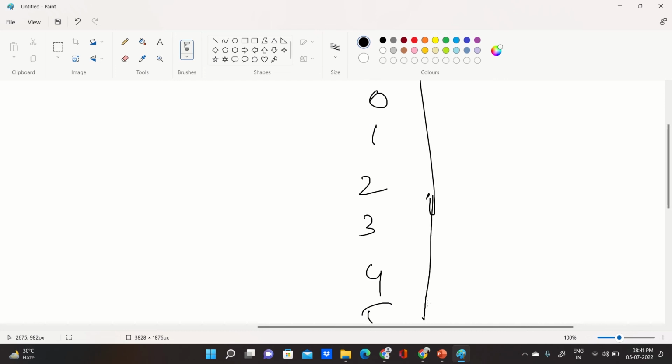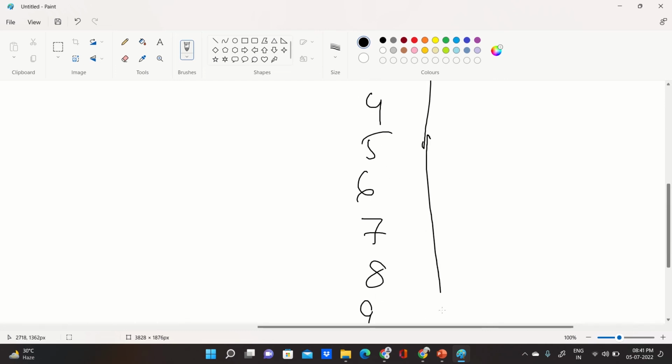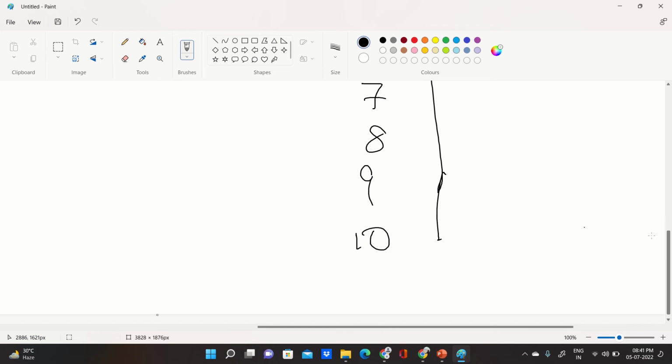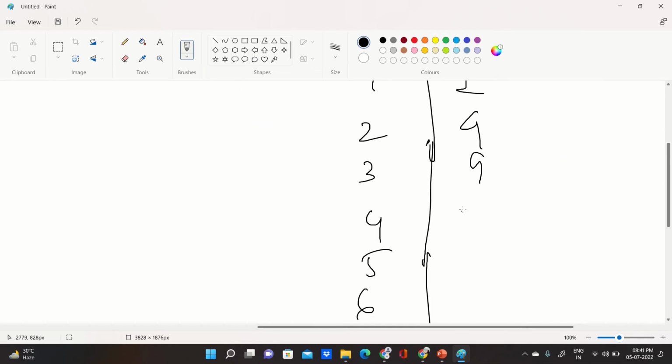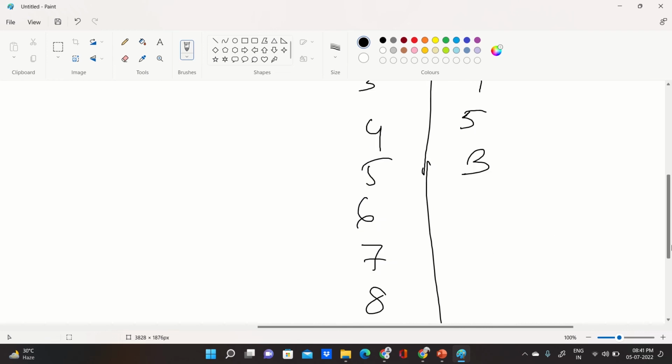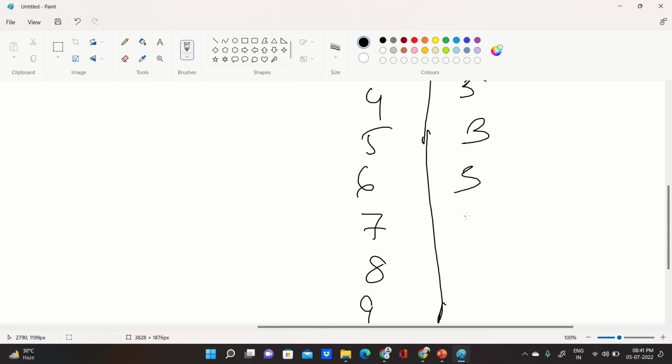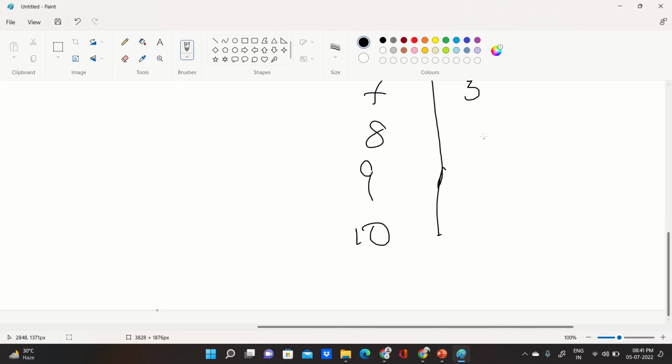Now let us put all these values in. This is very simple. 0 would be 0, y square mod 11, 1 would be 1, 2 would be 4, 3 would be 9, 4 would be 5, 5 would be 3, 6 would also be 3, 7 would be 5, 8 would be 9, 9 would be 4, and 10 would be 1.